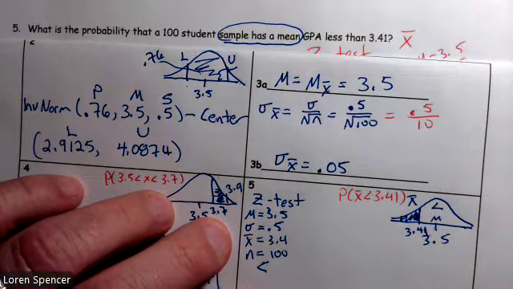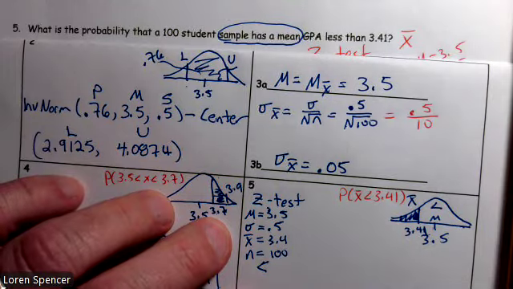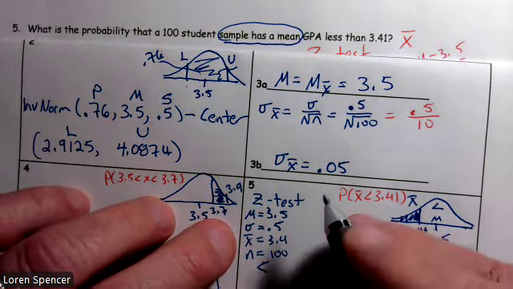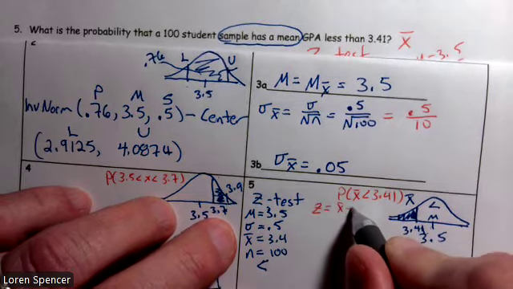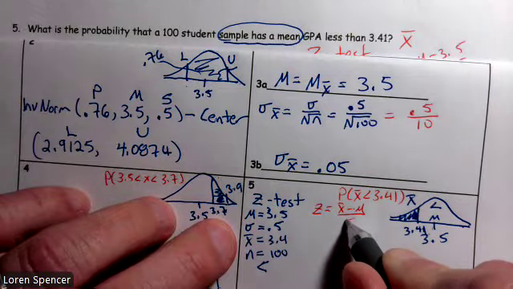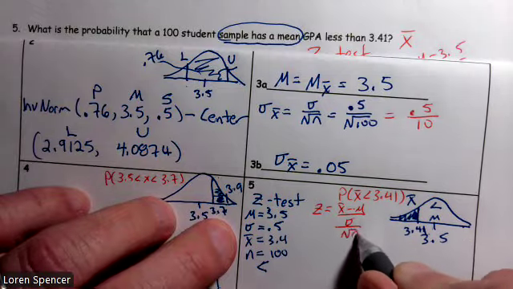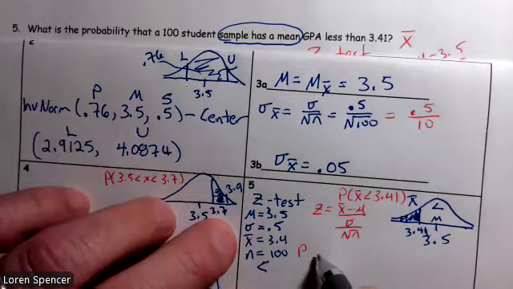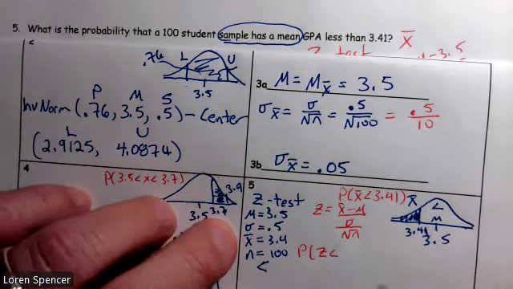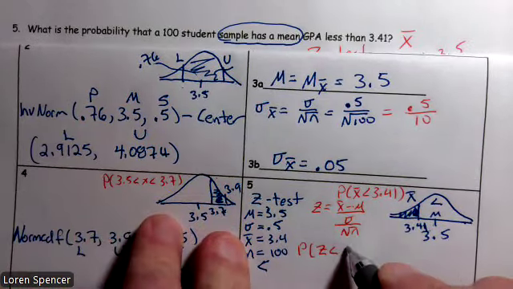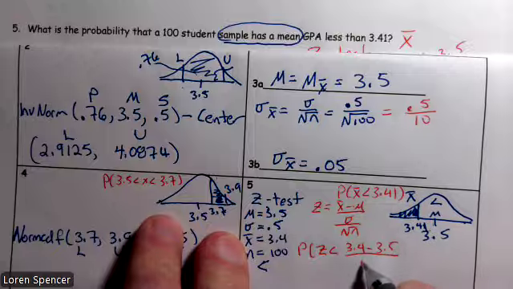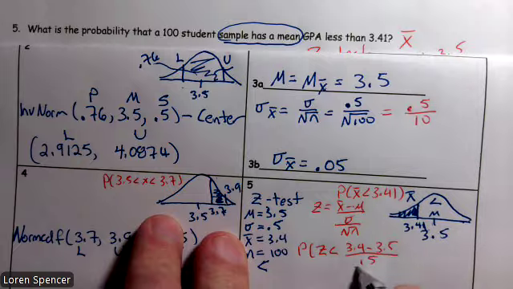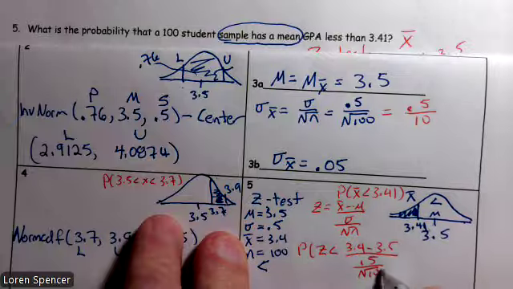So the formula, I'm going to put in red. It's not required. Z equals X bar minus mu over standard deviation divided by the square root of n. So what we're looking for is the probability that Z is less than 3.41 minus 3.5 divided by 0.5 divided by the square root of 100.